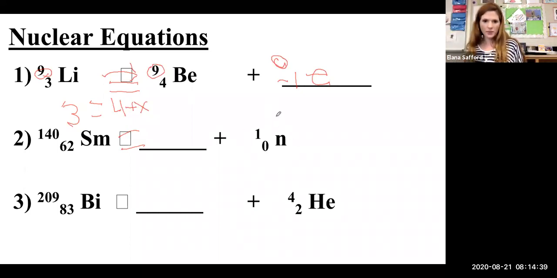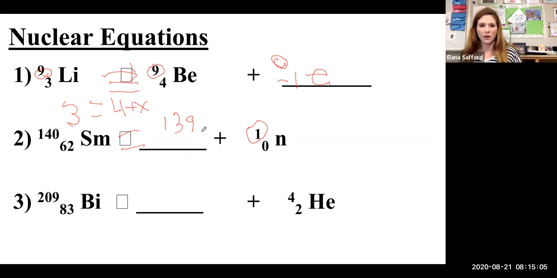So I'm going to start with what's on top. 1 plus what is equal to 140? That would be 139. Just make it equal. 139 plus 1 is equal to 140. That's true.